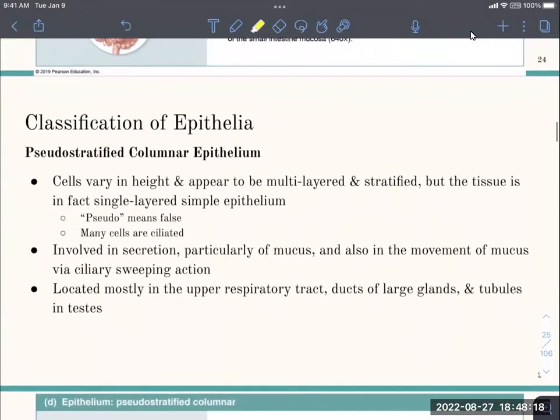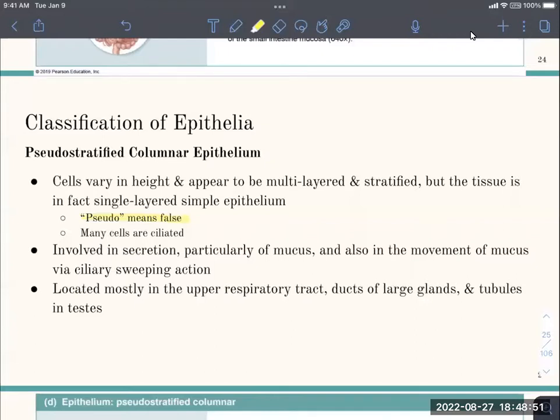This is why I pointed out the simple columnar, how the nuclei are all in one row, because we also have what is called pseudo-stratified columnar epithelium. We say here pseudo means false. So it kind of looks like it's more than one layer, but it's really not. The cells are just different heights, which means their nuclei are actually in different places.